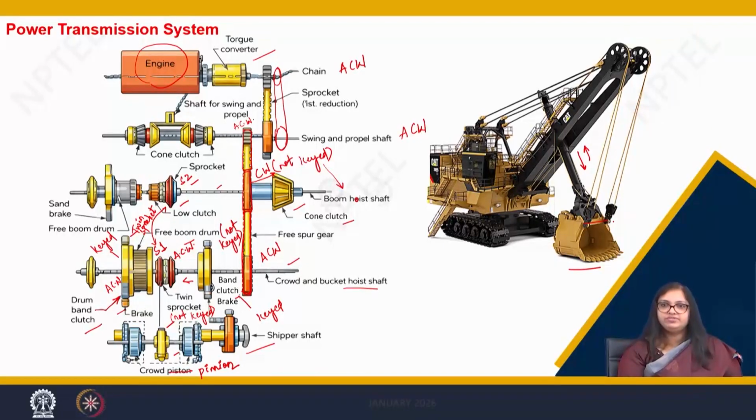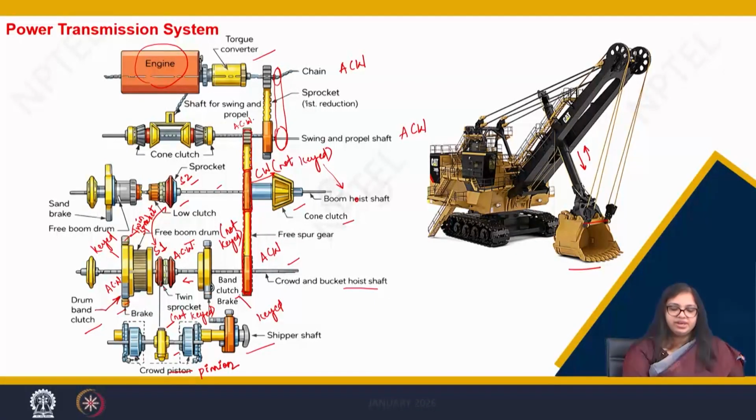However, how does it fall? It has to fall under its own weight. That is why there are two brakes applied onto this clutch, which help in controlled unwinding of the rope attached to one end of this bucket, which helps in dropping of the bucket.